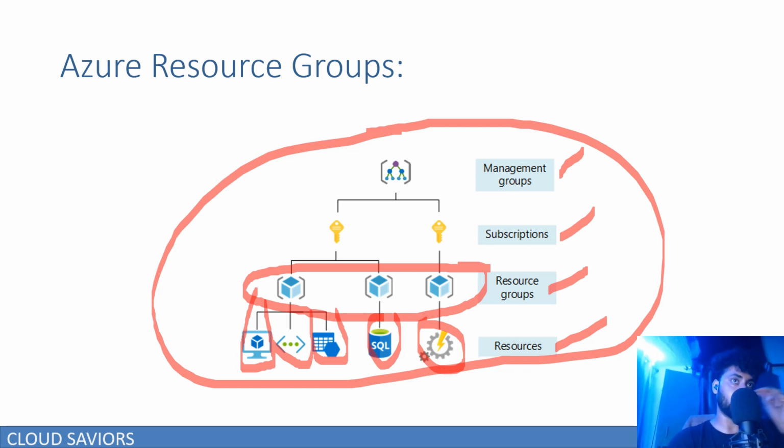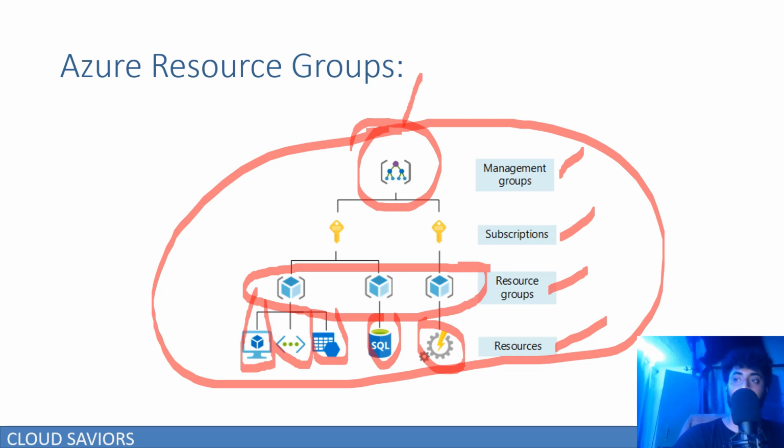Let's say you have 100 subscriptions and you have to deploy 1000 resources, and you need to apply one policy. How are you going to deploy this policy? Instead of deploying it on each and every subscription, you can just deploy the policy on this level. So this policy will be applied on each and every child resource. This is the biggest advantage of having these management groups, or this kind of hierarchy in Microsoft Azure.